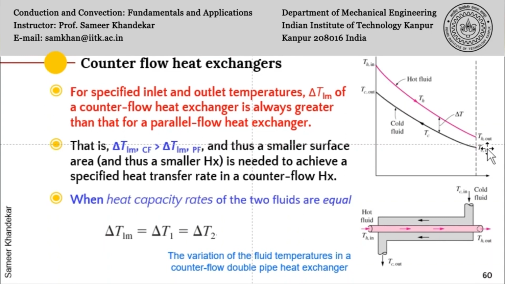You can maintain the constant difference because of this configuration in which the hot fluid enters from here but the cold fluid enters from the other side, and as the heat exchange takes place and the fluids pass through, LMTD can be made constant, provided of course the heat capacity rates are also identical.